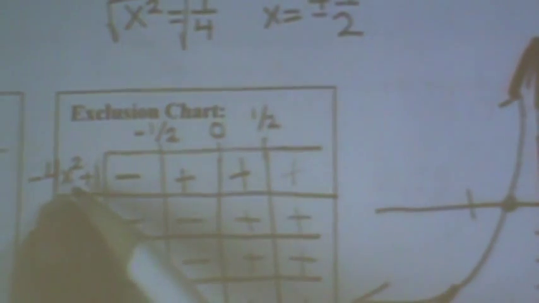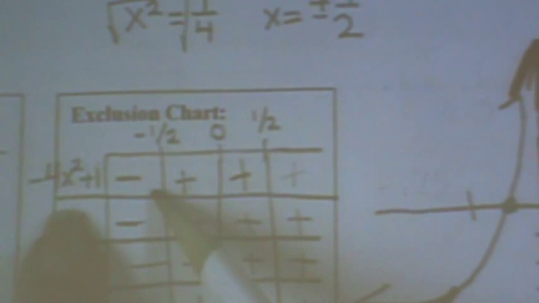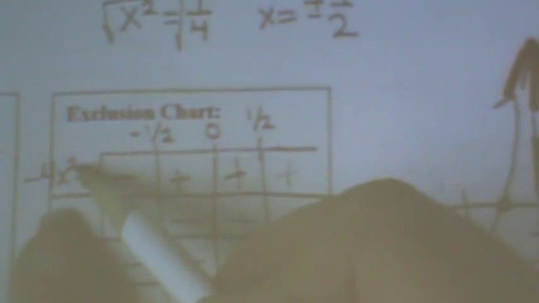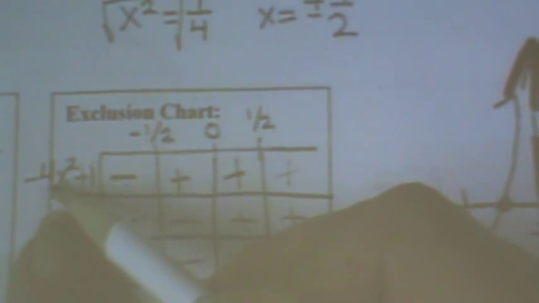So we have an error here. If you plugged in, is this right? If you plugged in -1, -1 squared is a positive, negative, that's right. And then these two should be right, and that should be negative.